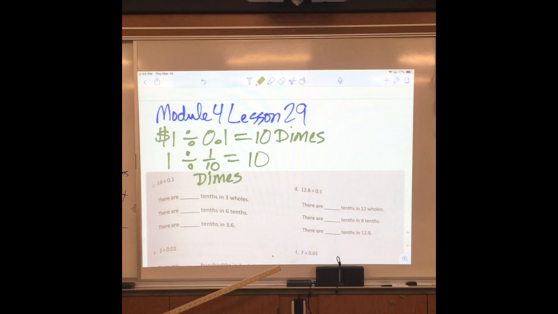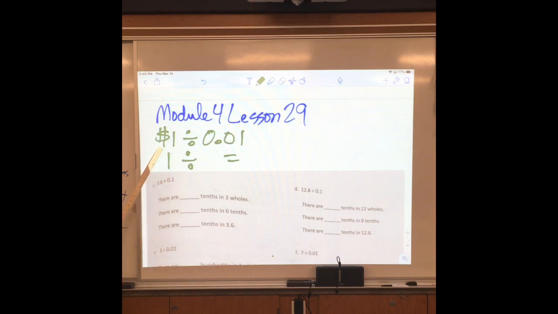Does that make sense? All right, let me change this on you just slightly. Okay, I changed it slightly. I have $1 and I'm going to turn it into, hey, what's this? The dimes were in this one right here, right? This was the dimes. What would happen if I exchanged it for pennies? What would it be in pennies? How many pennies? This would be 1 divided by 1 over what?